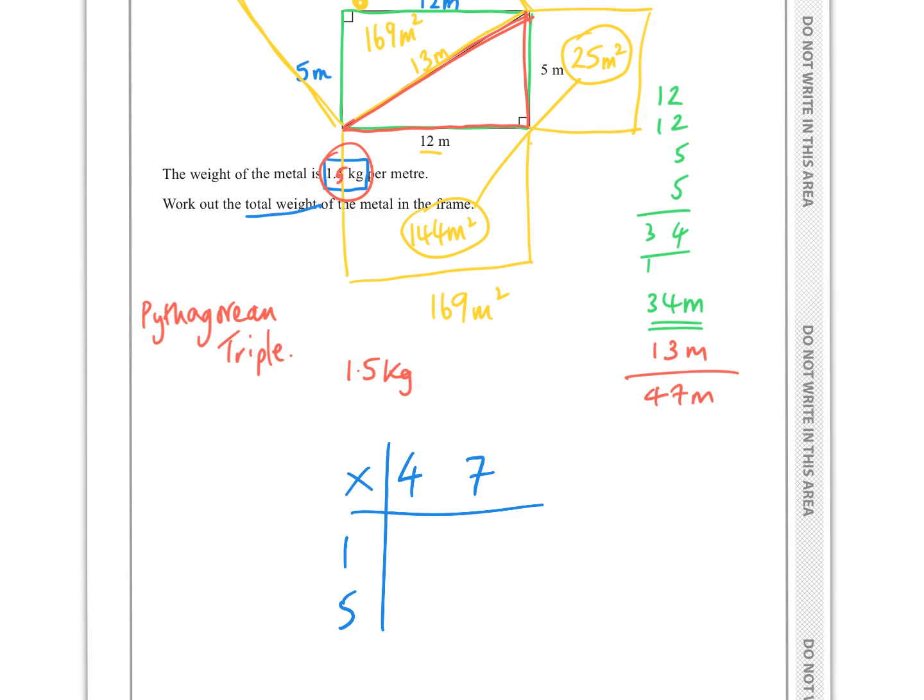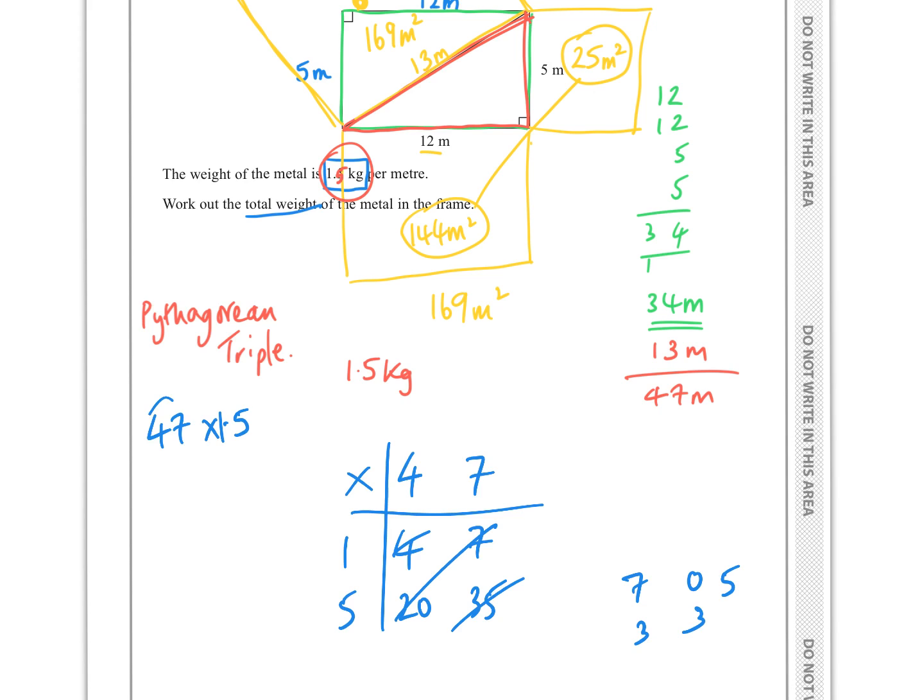I'm going to use a multiplication grid. You can do it however you want. We've got to use your common sense here. We know it's 47 times 1.5.